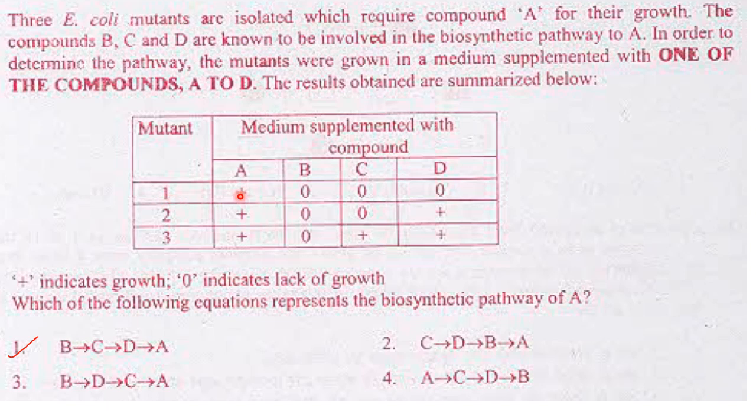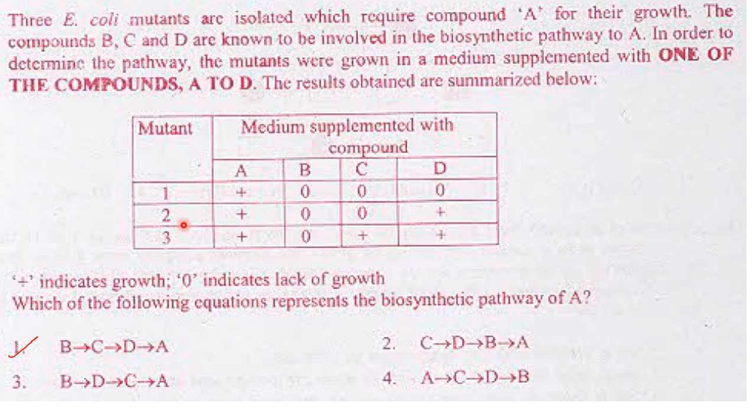When A is added, it shows growth, but when B or C or D is added, it doesn't show growth, indicating lack of the enzyme needed for the conversion of B, C and D to A. Now in the case of mutant 2, when A or D is added, there is growth, so it has the enzyme for converting D to A, but lacks the enzyme needed for conversion of B to C and C to A. So from here we can deduce that D is directly getting converted to A.